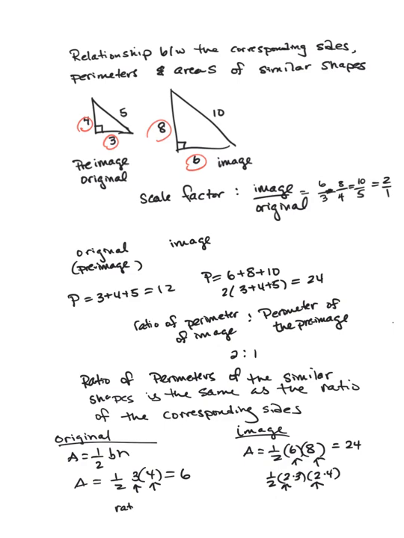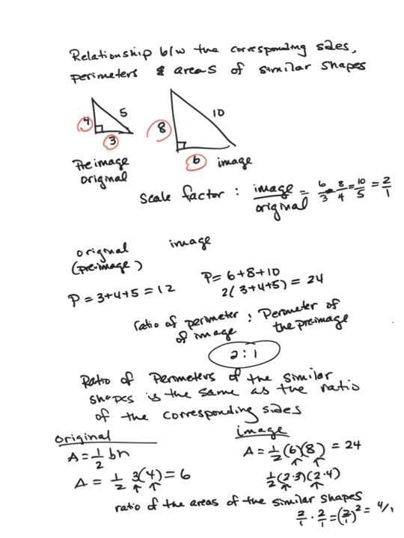So the ratio of the areas of the similar shapes, what you're doing is you're taking the original ratio and you're just squaring it. So it's going to be 4 to 1. 2 to 1 times 2 to 1, or 2 over 1 squared. Okay, so now you're going to have to memorize that.